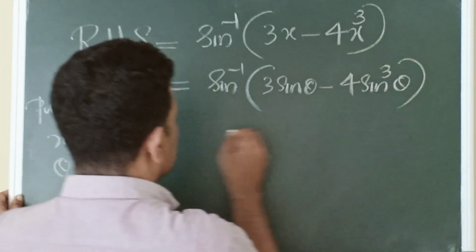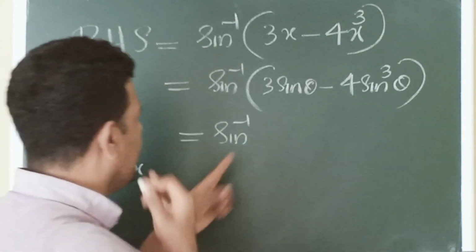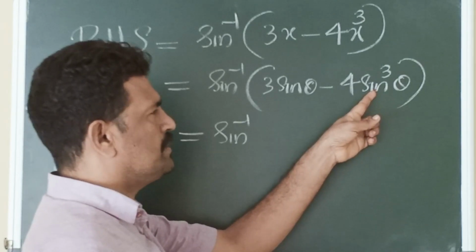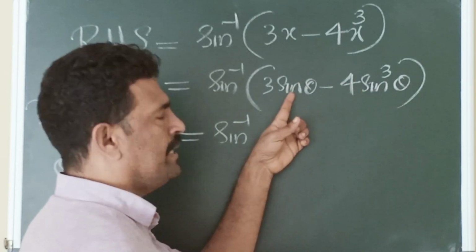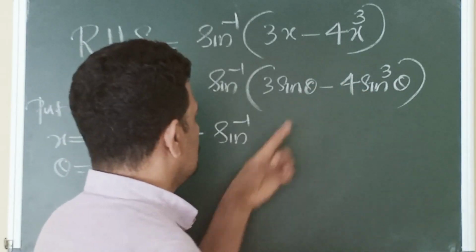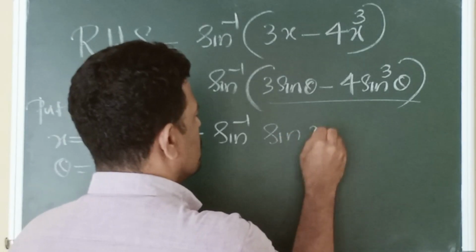We know that sin 3 theta is equal to 3 sin theta minus 4 sin cube theta. It is from trigonometry. Therefore, instead of this, I am putting sin 3 theta.